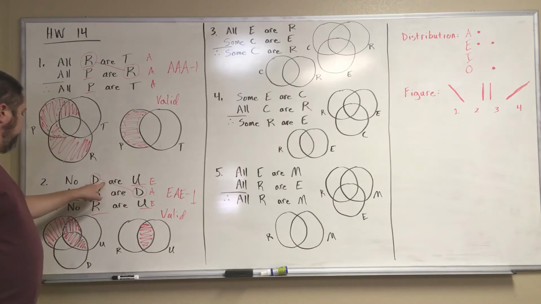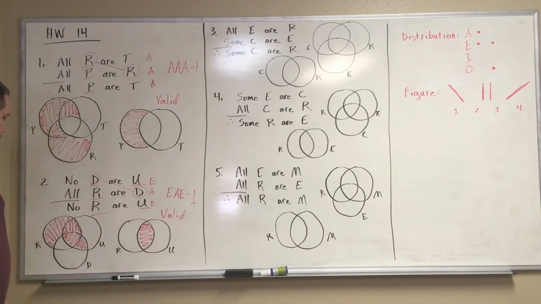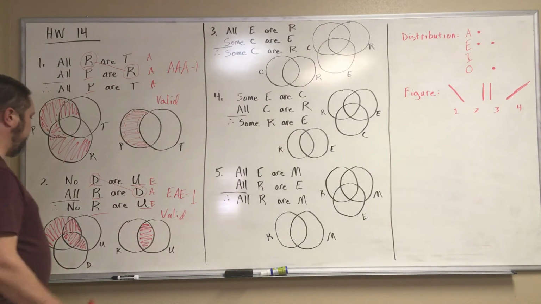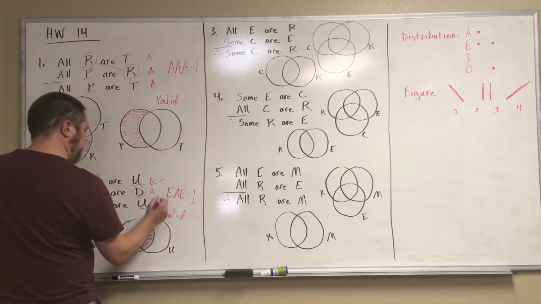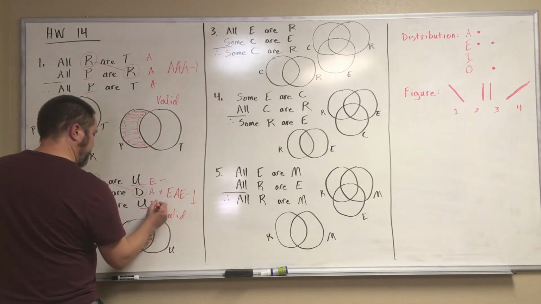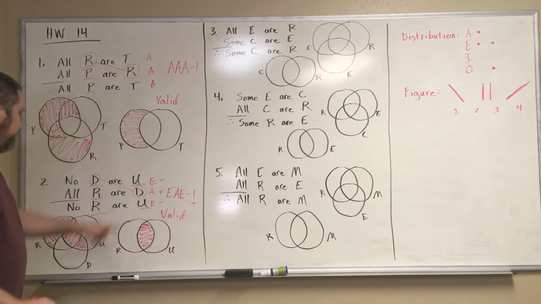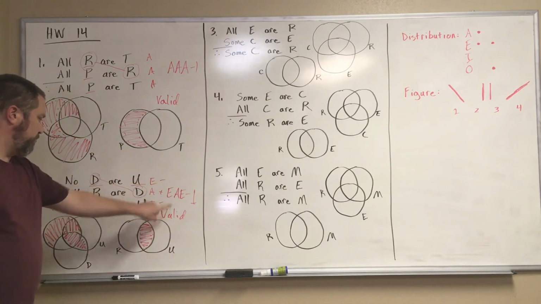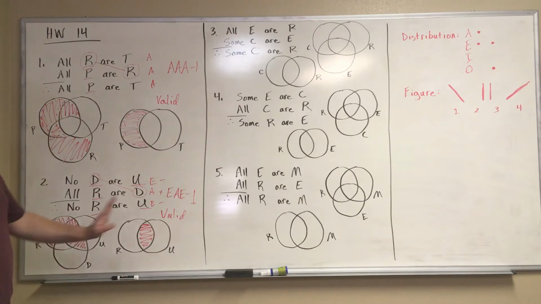Middle term is distributed here in the first premise. Existential fallacy, we have all universal statements, so we don't have to worry about that. And then we have a negative, affirmative, negative. So one negative premise, one negative conclusion, which is what we have to have. So we're good. It is indeed valid.